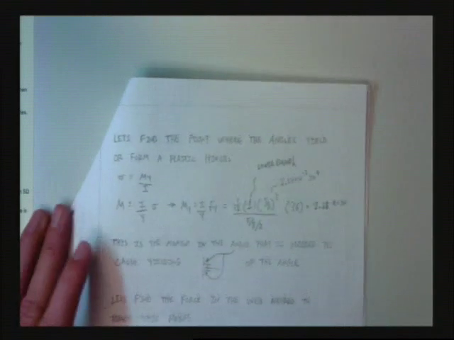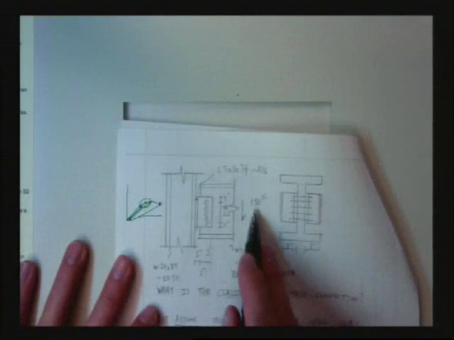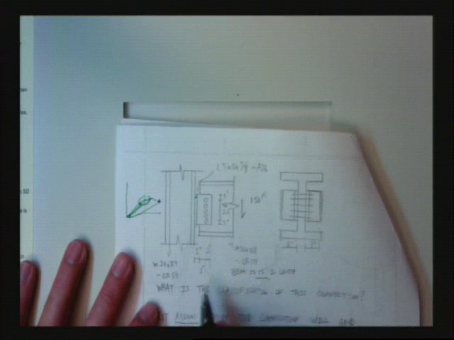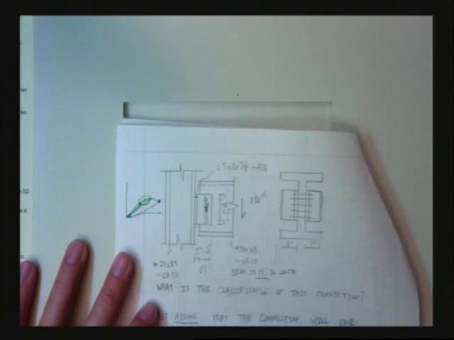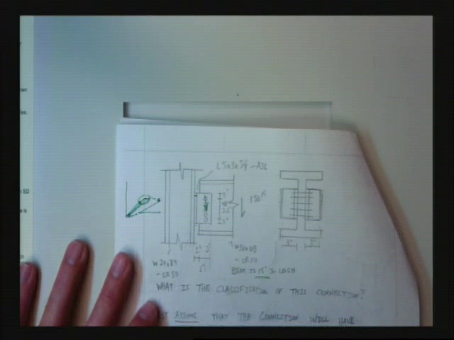How do I find that? That's easy. 150 kips times what? 3 inches. Right? 150 kips times 3 inches. And it's got to be equal to what? My internal moment, or comparable to my internal moment. So I'm solving for an internal moment now.